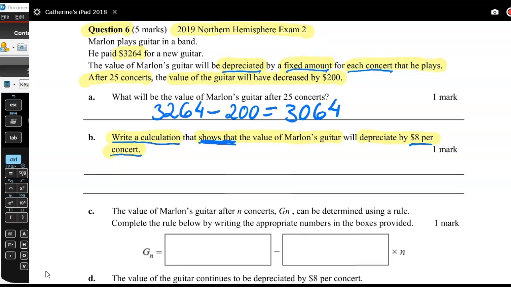It's decreased by $200, and we've had 25 concerts, so that is equal to 8. $8 per concert, so that's the dollar amount over the number of concerts. Remember this dividing line: per is a good word to go along with it. Per concert tells you that you've got to divide by the number of concerts.